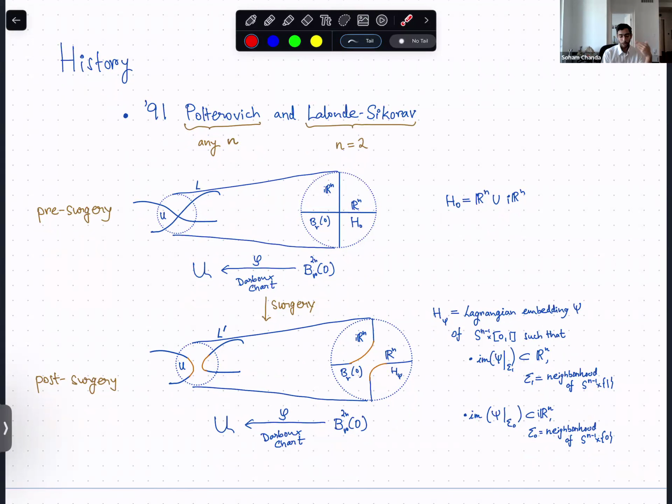And what Polterovich surgery did was you replace H naught with H psi, which is a new Lagrangian embedding psi, where psi is an embedding of this sphere times [0, 1]. So it's a cylinder of sphere such that near one of the ends, let's say at 1, the embedding is lying on the real plane, and on the other end, let's say at 0, it is lying on the imaginary plane.